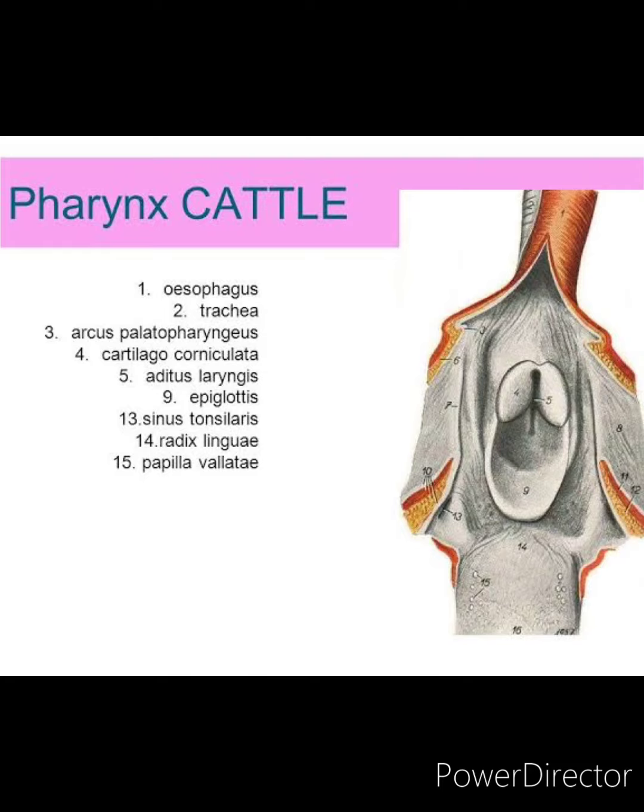It is found in vertebrates and invertebrates, though its structure varies across species. The pharynx, usually called the throat, is part of the respiratory system and digestive system.